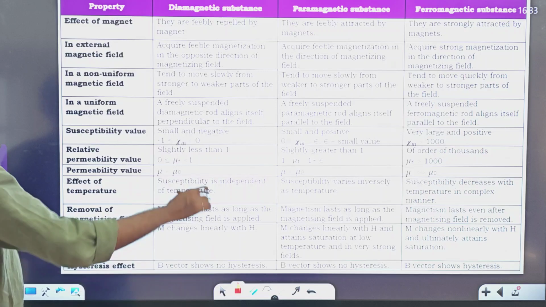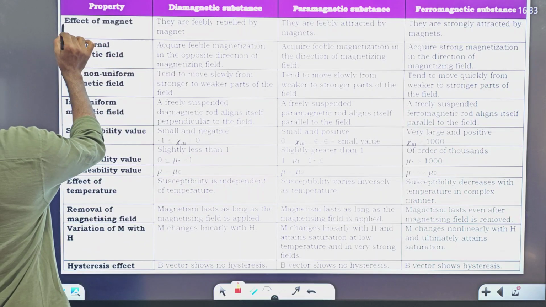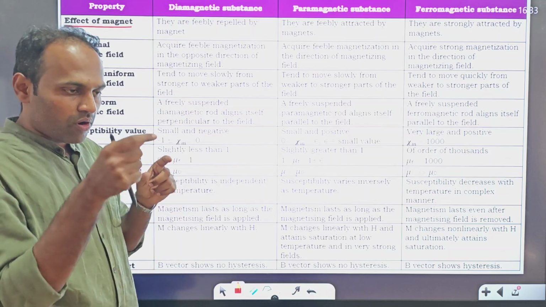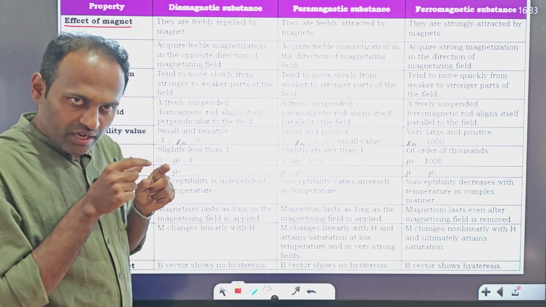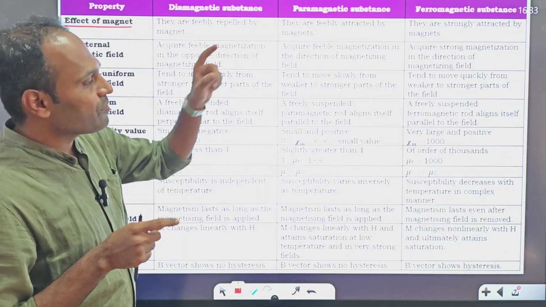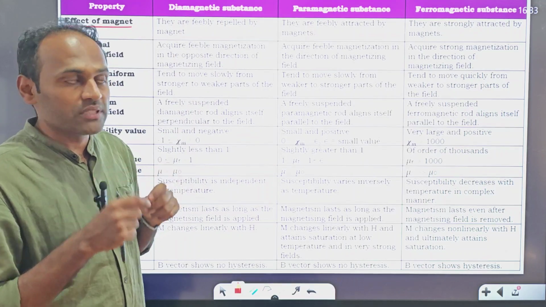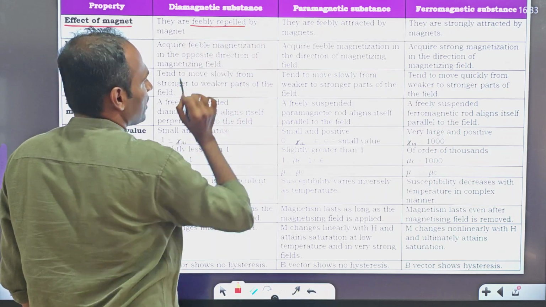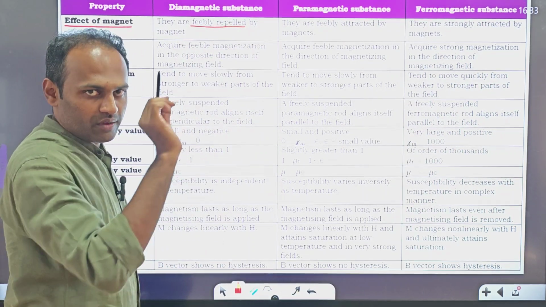Okay, next. First, let us understand the effect of a magnet. What happens when a diamagnetic material, a paramagnetic material and a ferromagnetic material are brought near the magnet? The diamagnetic substance will feebly get repelled. Feebly means weakly it will get repelled, right?